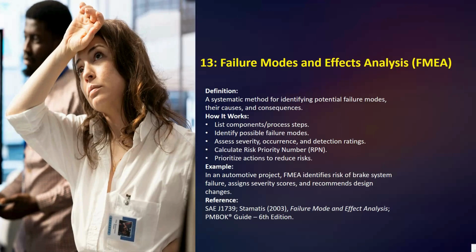Then you use this information to calculate a risk priority, to determine which risk requires immediate action. Okay, so here we have the example. In an automotive project, FMEA identifies a risk of brake system failure, assigns a severity score, and recommends design changes.